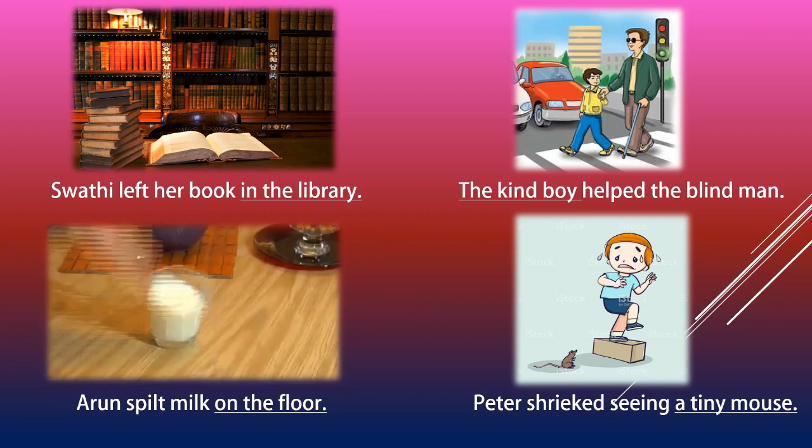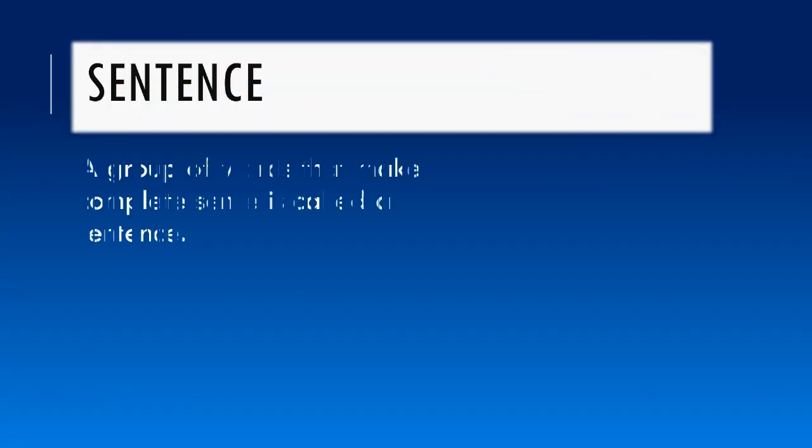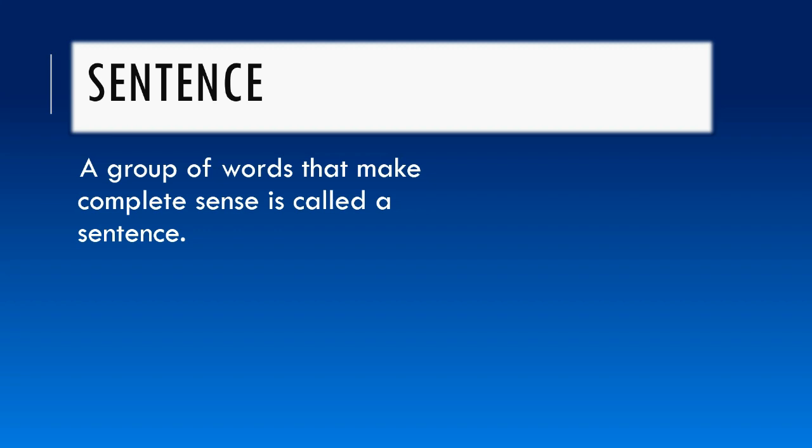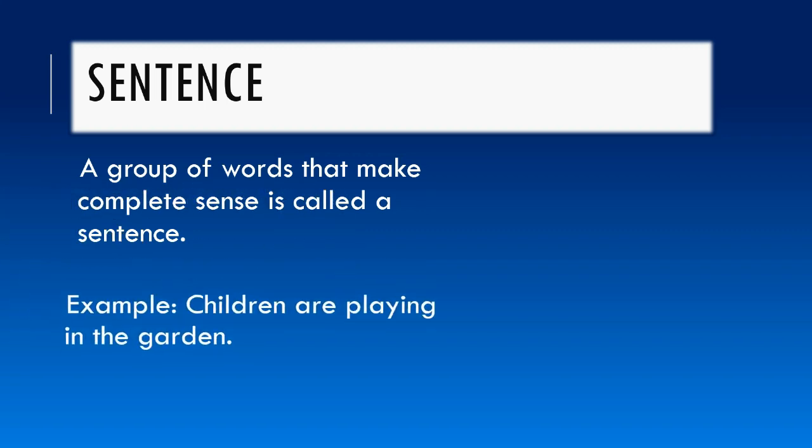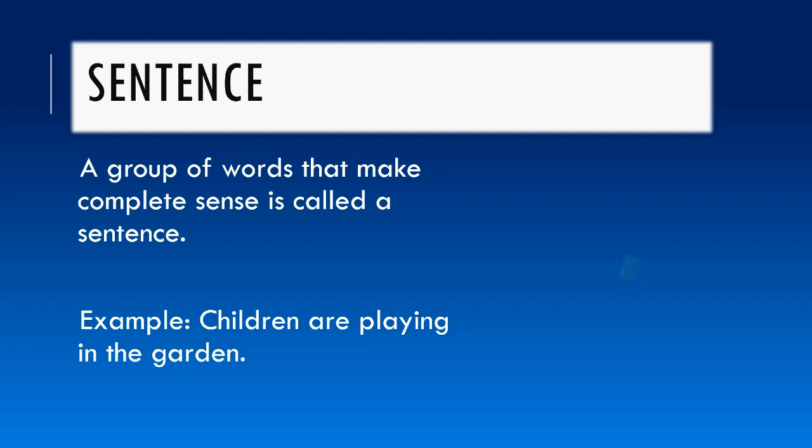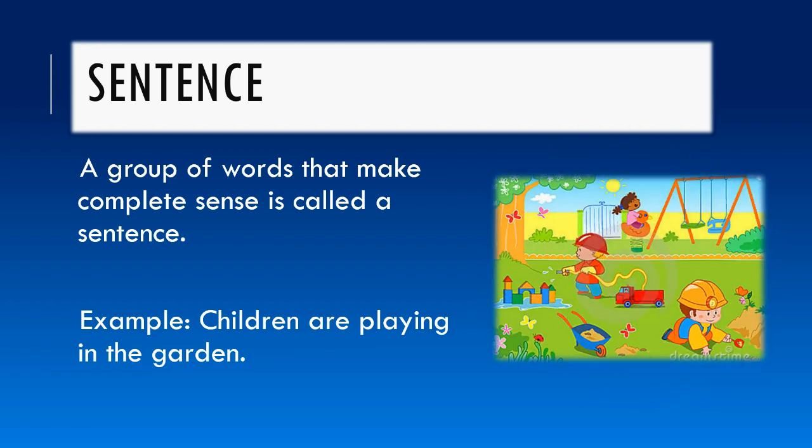Now let us check the definition of a sentence. What is a sentence? A sentence is a group of words that makes complete sense. For example, children are playing in the garden. Yes, so it is giving some sense.